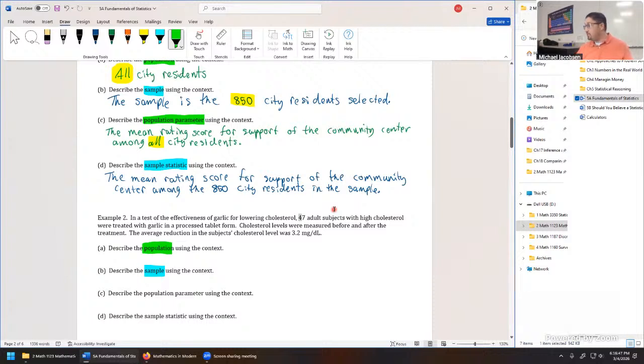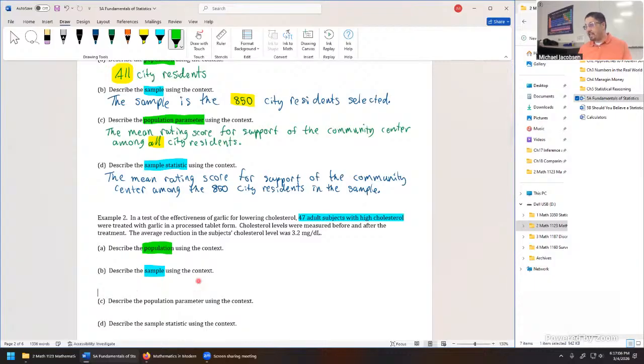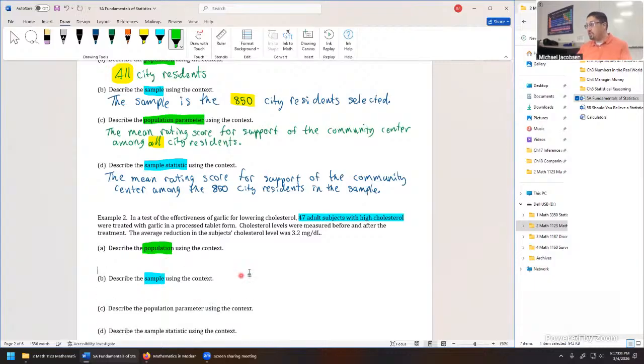So when it says 47 adult subjects with high cholesterol were treated, I'll stop right here. Let's highlight this. To me, that looks like the sample. And sometimes, even though the order is different, that might be the easiest thing to spot in the problem. So if you do these kind of questions out of order, it's a decent strategy.